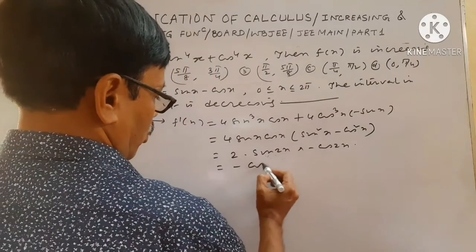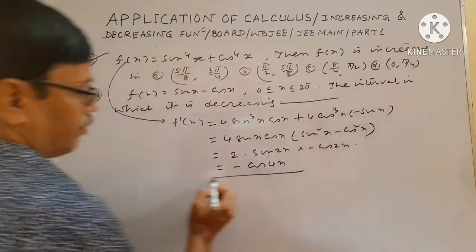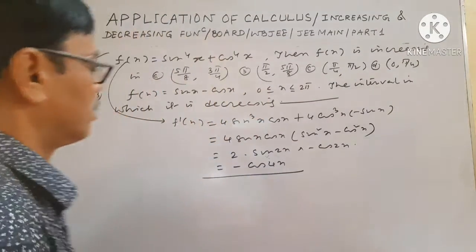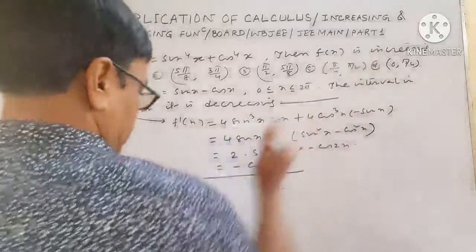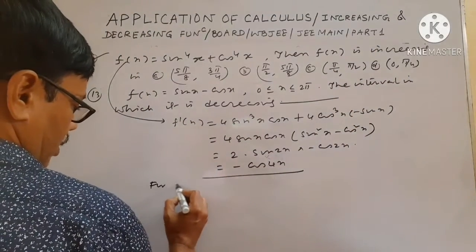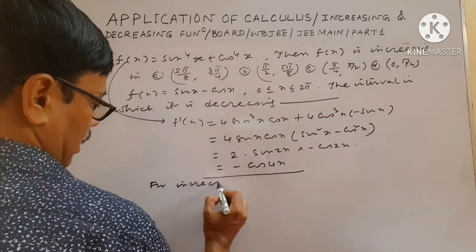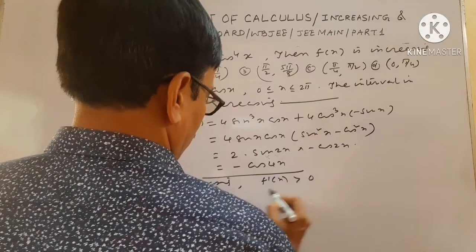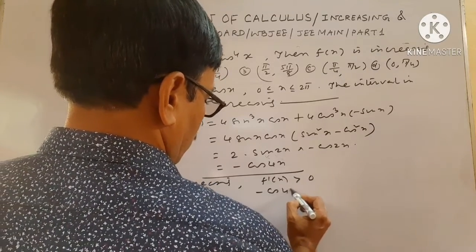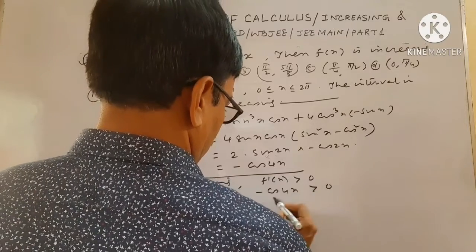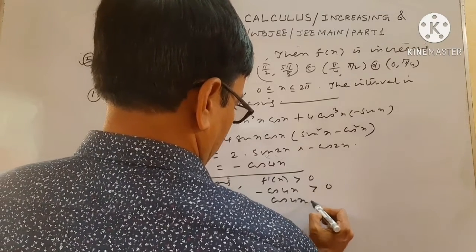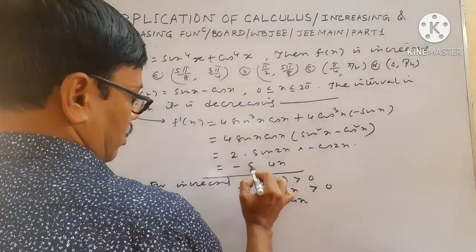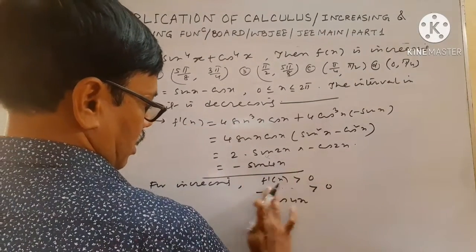So minus cos 4x. Now for increasing, f dash x greater than 0. So minus cos 4x greater than 0. So cos 4x, sorry, this is sin 4x.